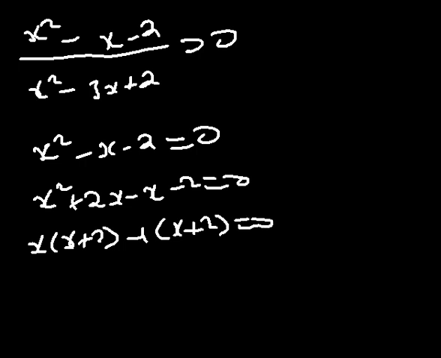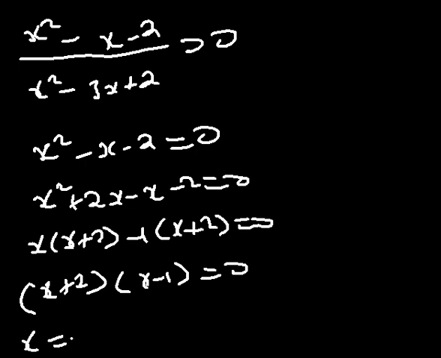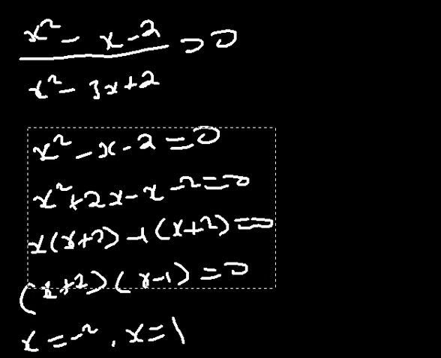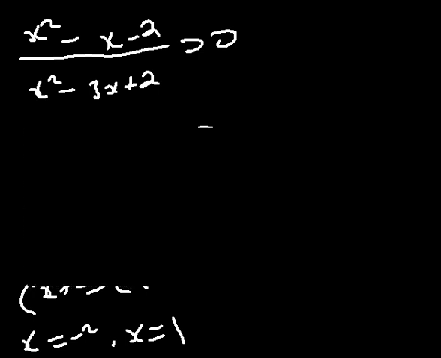So the critical values will have x plus 2 and x minus 1 equal to 0. So now the critical values will be x is equal to negative 2 and x is equal to 1. So that is for the numerator. So have those as the critical values in that order.